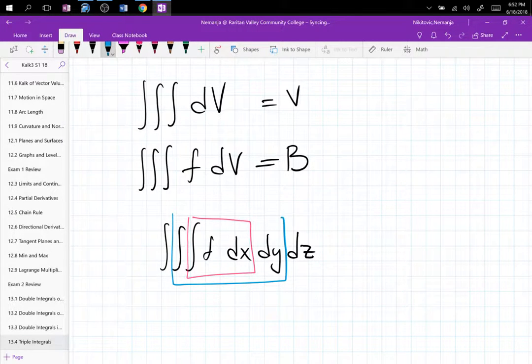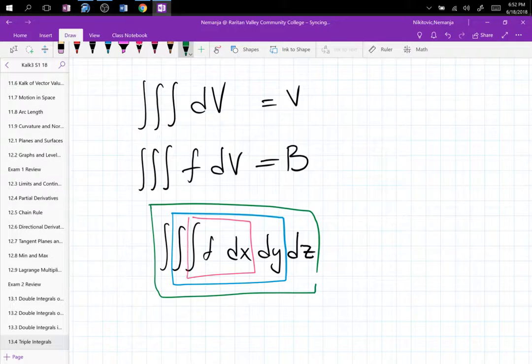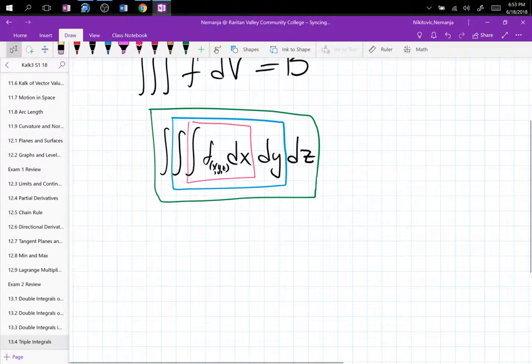That's an f function, and then this one, and then this one. So it's the same idea as the double integral, where you compute the most inner integral first. This is f(x,y,z) in the middle. So everything that you learned so far with double integrals is going to stay the same.